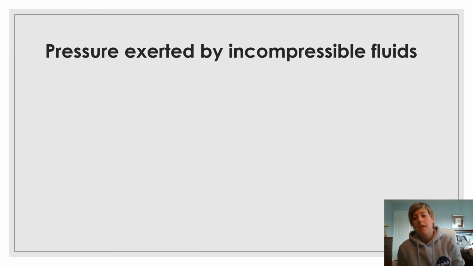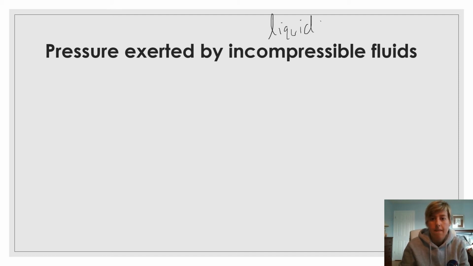Okay. Now, one of the things that we need to talk about is the factors that influence pressure exerted by an incompressible fluid. And when we're talking about incompressible fluid, we are talking about liquids. Now, the only thing that is really impacted here is mass. The reason why is my volume can't change.